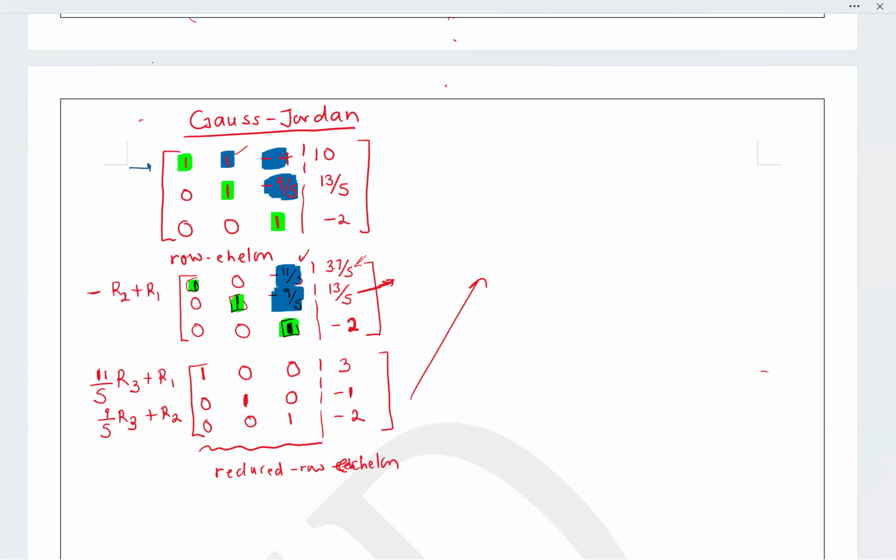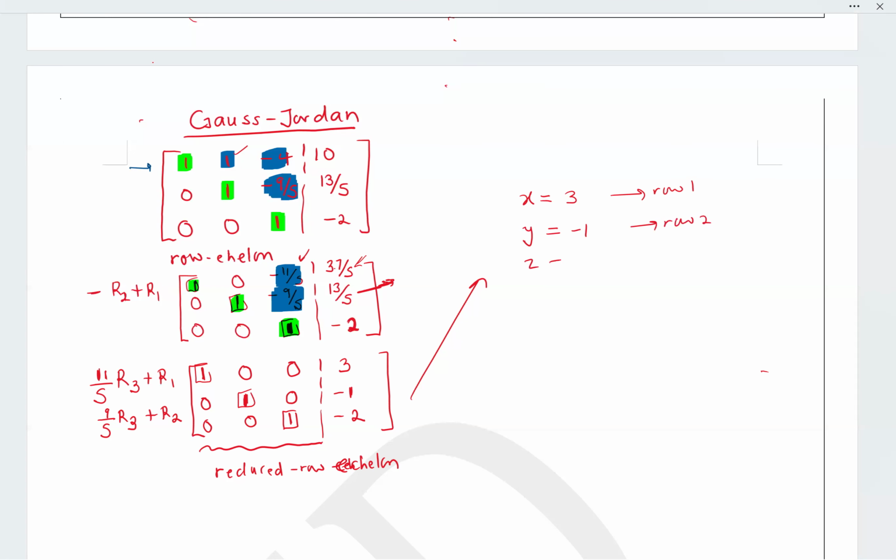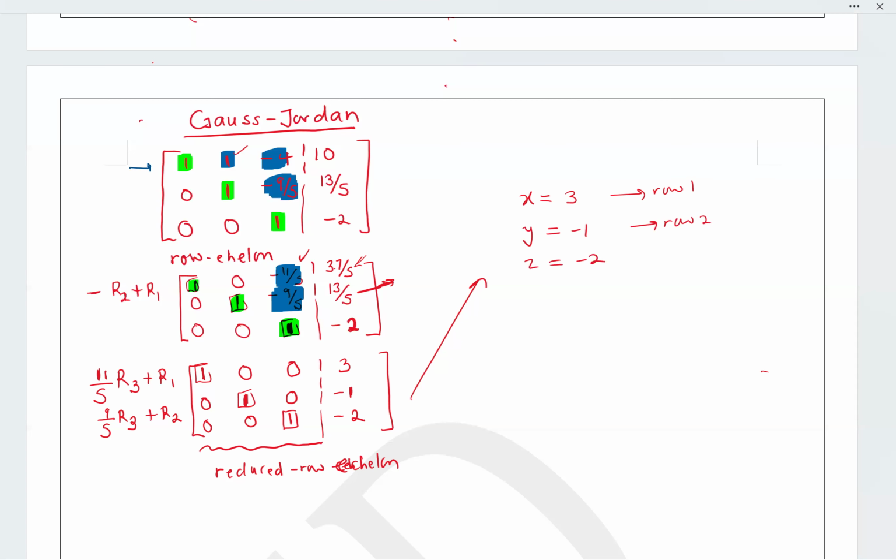Your solution is simply directly, this is X, this is Y, and this is Z. So we will see that from the first row, X is equal to 3. This is coming from row 1. And Y is the leading entry in the second row. It's minus 1. This is from row 2. And then you have Z, which is minus 2. This is coming from row 3.